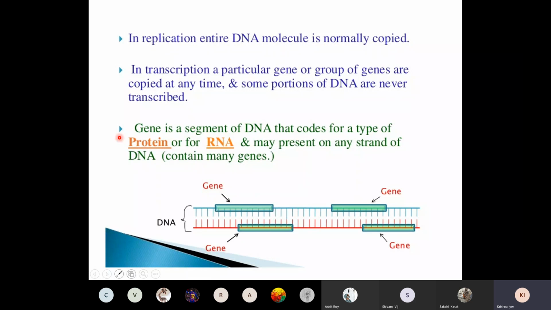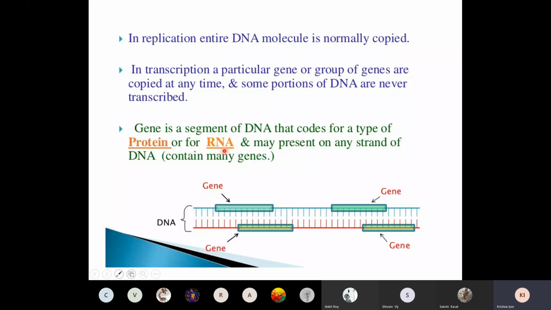The reason for this definition changing is that now we know that there are certain segments of DNA which, when they get transcribed and give you the RNA, that RNA is actually the final product. That RNA doesn't go further to give you a protein. Therefore the gene is now defined as a segment of DNA that codes either for a protein or for RNA.